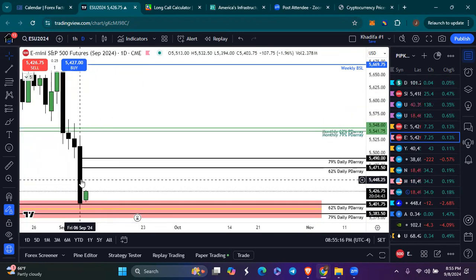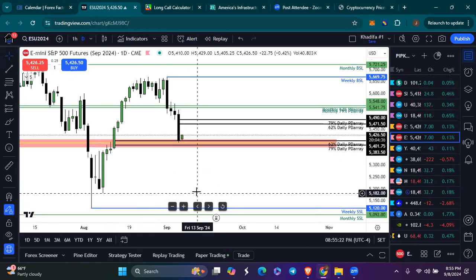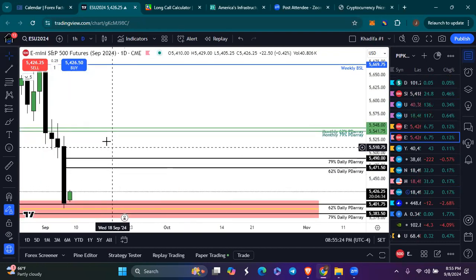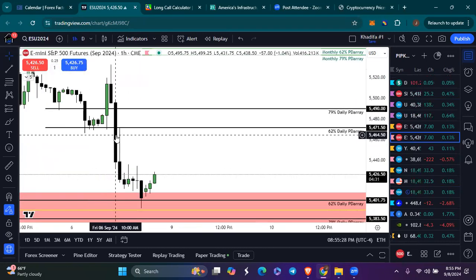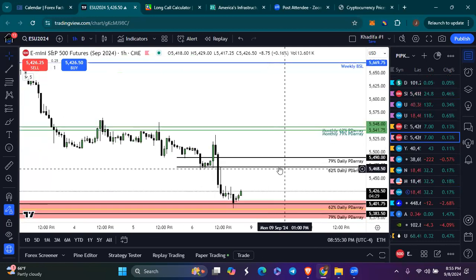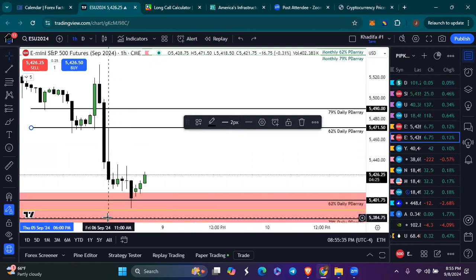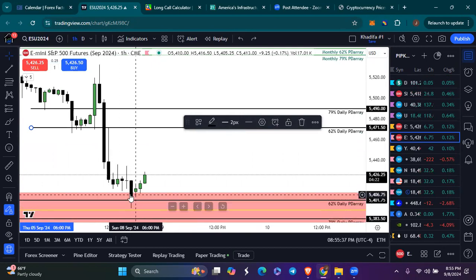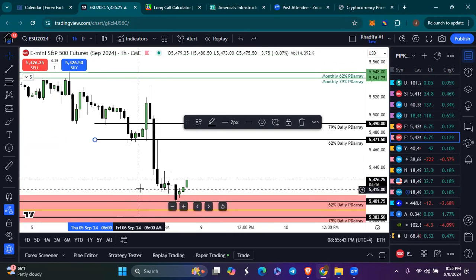We may only come to here, may only come to here, right? May come within a few ticks of it and then continue to sell off. So with that being said, you always want to look for your entries on your lower time frame. Like so, this is the hour time frame. This was the best entry if you were going to catch this buy on this leg up.